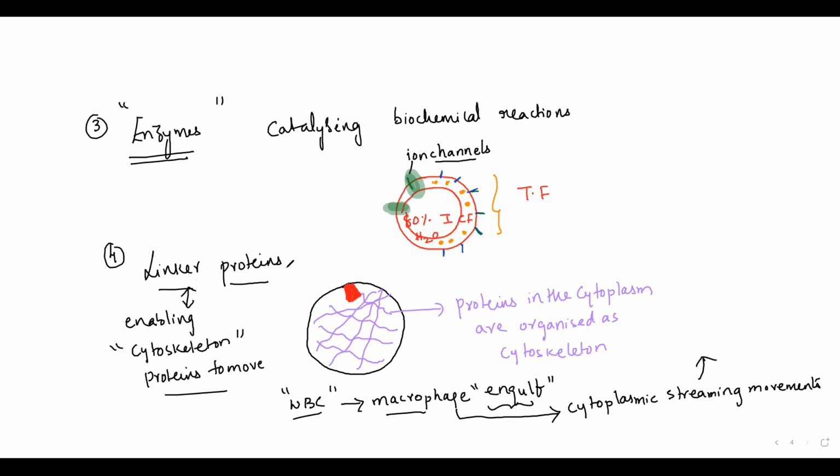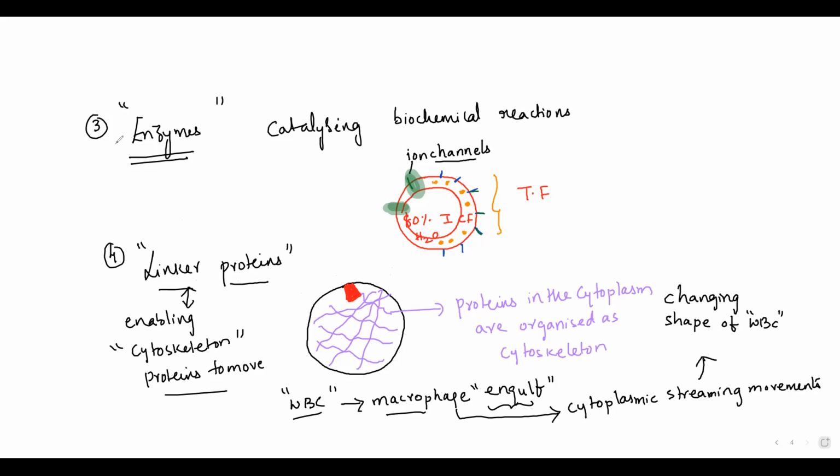So linker proteins are directly helping in what? Changing the shape of a cell, like your WBCs. So this is the protein which is embedded in the bilipid layer, which is enabling your cell to change its shape and develop the movements. So this is about your linker proteins, children.